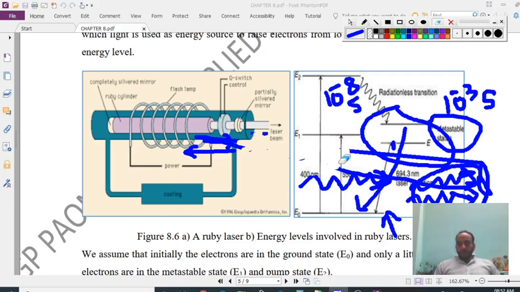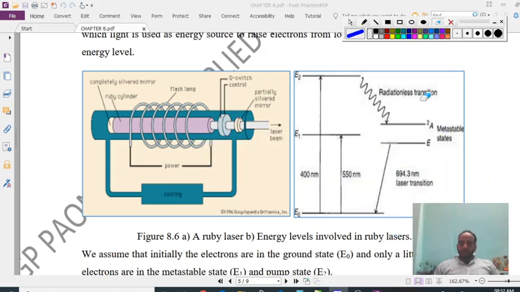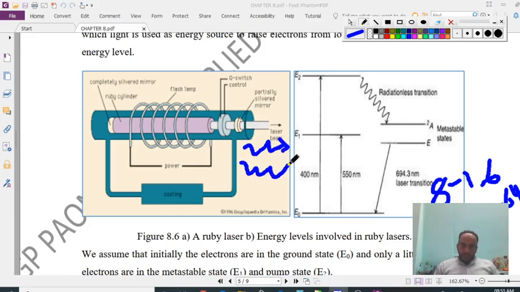Two photons will produce 4 photons, then the next 4 photons will produce 8 photons, 8 photons will produce 16 photons, 16 photons will produce 32, and next 64, and this process repeats itself. After some time the number of photons becomes very high, and they go outside from the partially silvered mirror in the form of laser action.